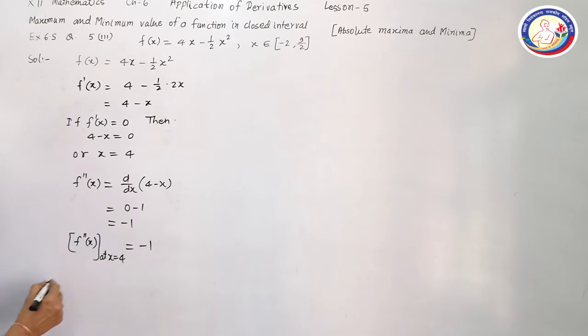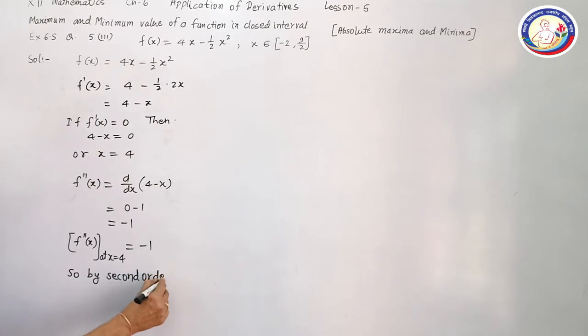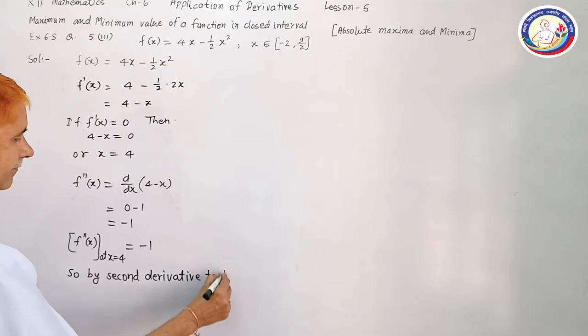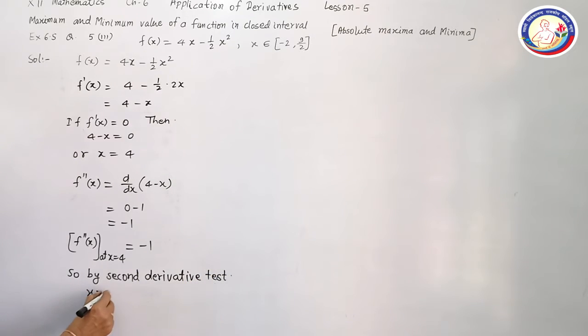So by the second derivative test, x equal to 4 is a point of maxima.